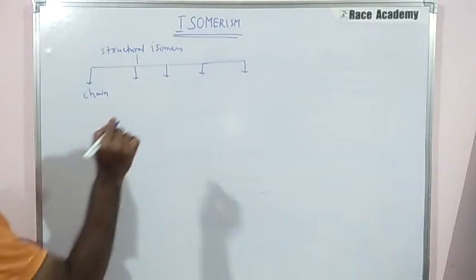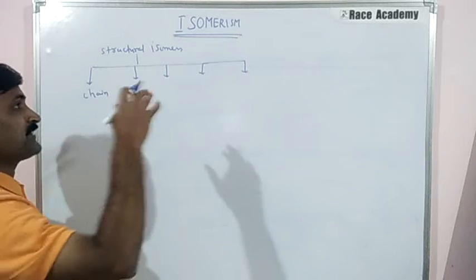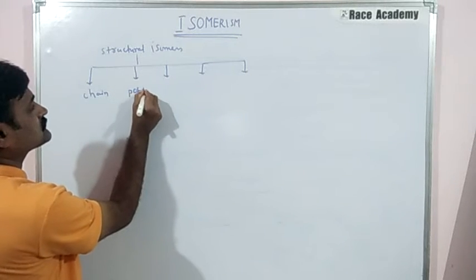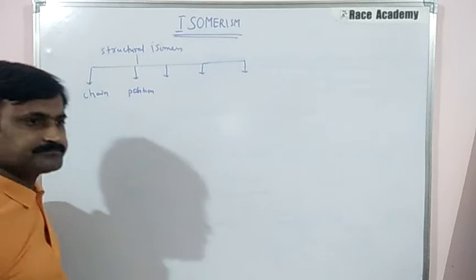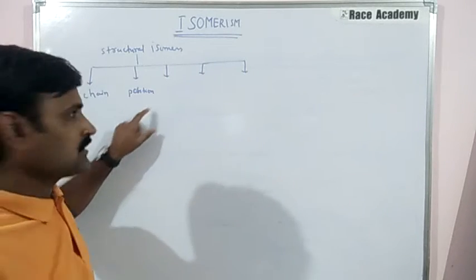When the position of any group or group of atoms or any functional group is different, that is called position isomerism.